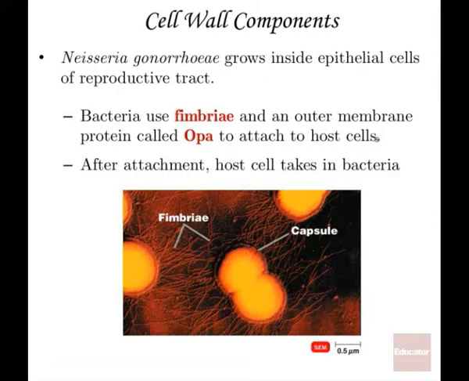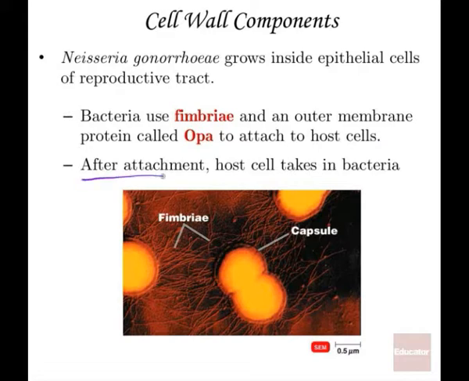Right now, Neisseria gonorrhea grows inside epithelial cells of the reproductive tract. So the bacteria use these fimbriae to actually anchor themselves at the tissue, and this outer membrane protein called OPA can actually facilitate entry of the Neisseria gonorrhea bacteria into the epithelial cells.